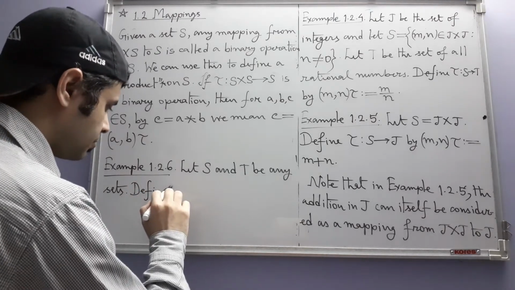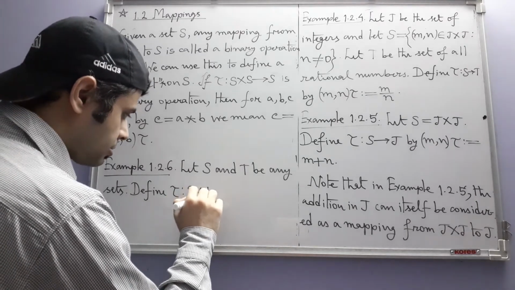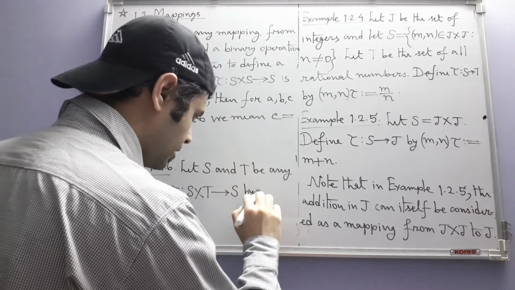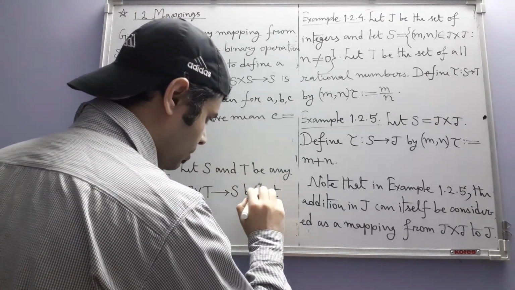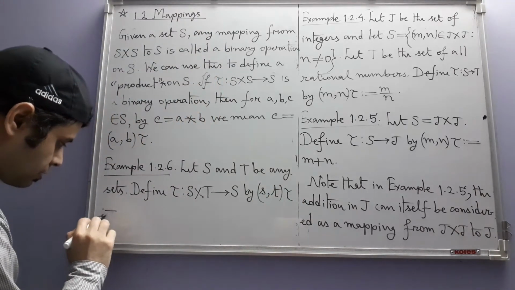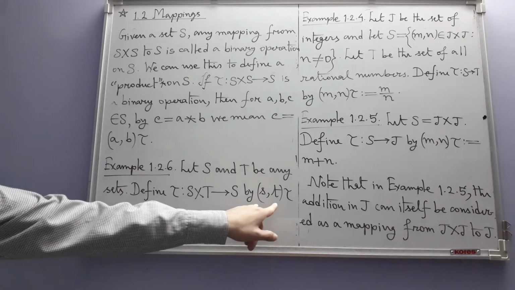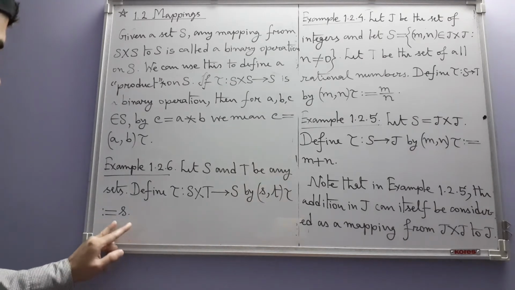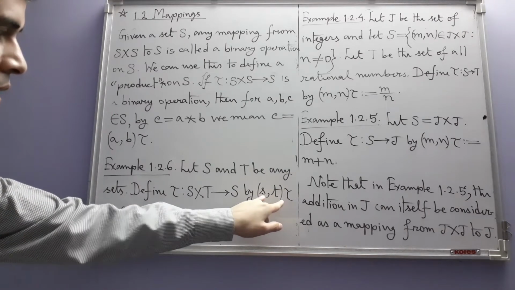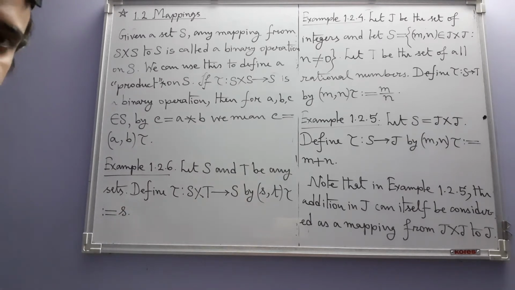Define a function from S cross T to S by mapping the ordered pair S comma T onto the first coordinate S. So in this case the ordered pair is mapped onto its first coordinate. Clearly for this given ordered pair, the first coordinate is a unique element in S, so the mapping is well defined.